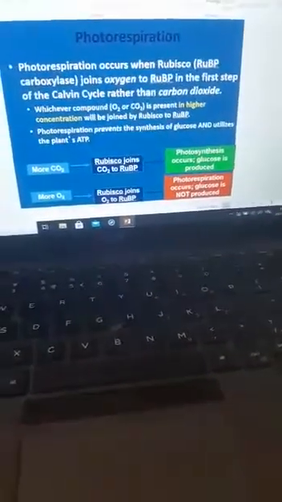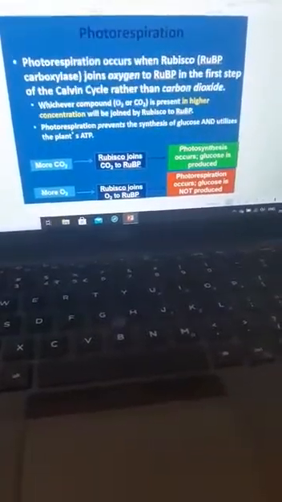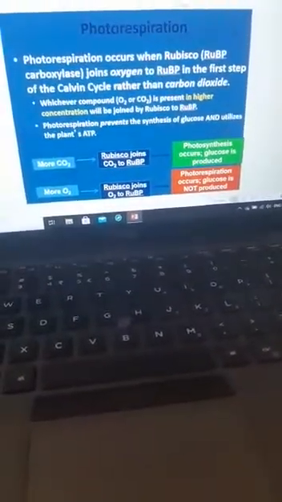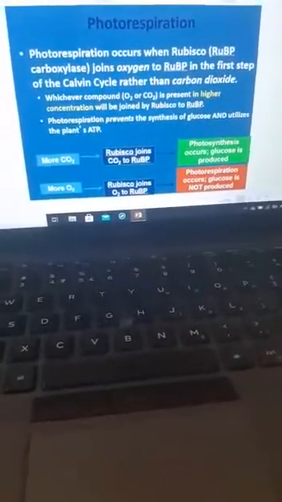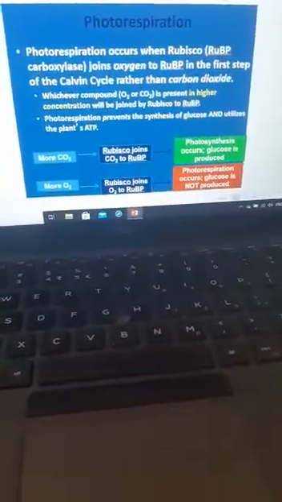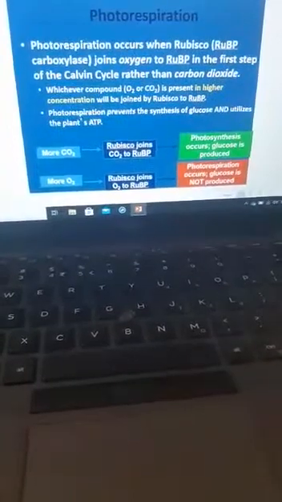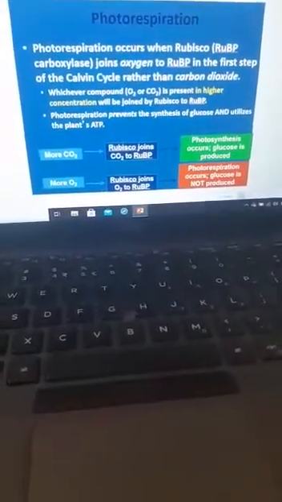And when that happens, you have got photorespiration taking place, not photosynthesis. But when carbon dioxide is the one that is attached to RuBP, then you have got the process of photosynthesis taking place.